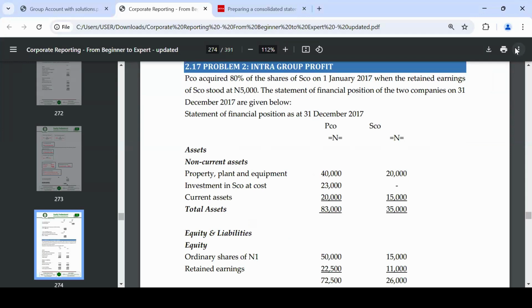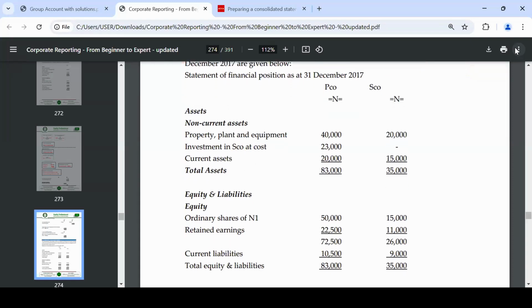Let's see another problem here. We're told PICO acquired 80% of the shares of ESCO on 1st January 2017, when the retained earnings of ESCO stood at 5,000. The statement of financial position of the companies on 31st December 2017 are given as follows.